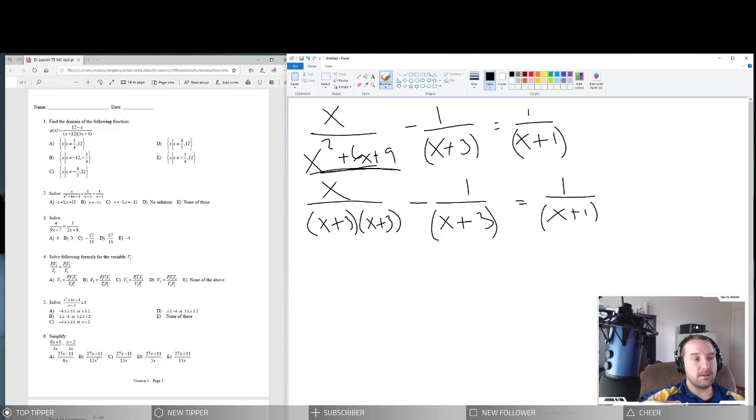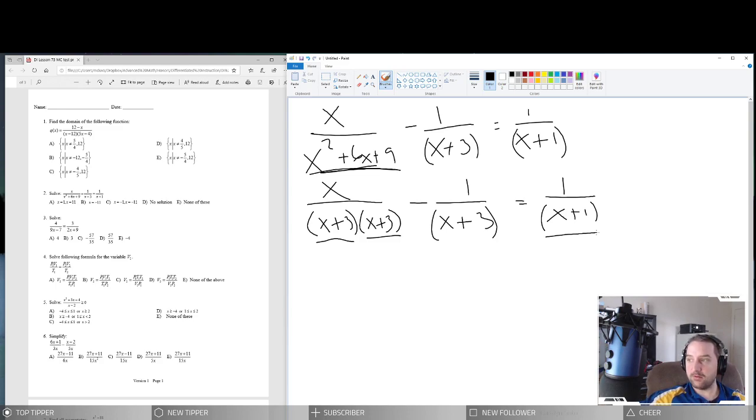So it looks like the least common denominator is going to have 2 x plus 3's and 1 x plus 1. Meaning, to make all the denominators the same, that's the bare minimum all of them are going to have.